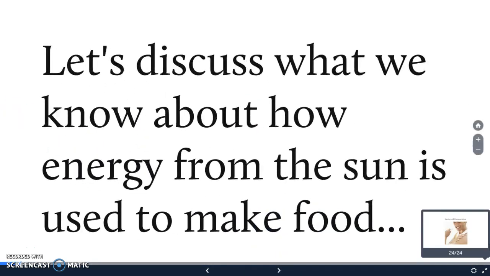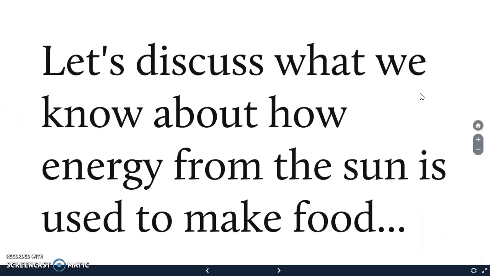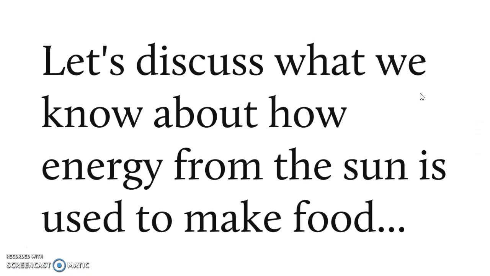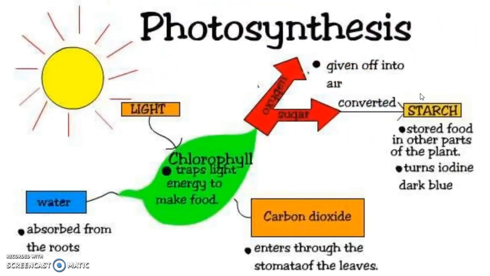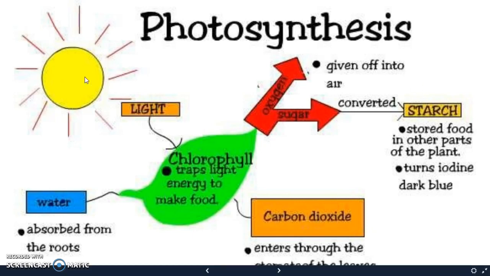With respiration, we're going to backtrack a little bit and talk about what we know about how energy from the sun is used to make food. If you recall this little diagram that captures the essence of photosynthesis, we have our sun casting its light down that is captured by the chlorophyll found in the chloroplasts in the plant leaves.